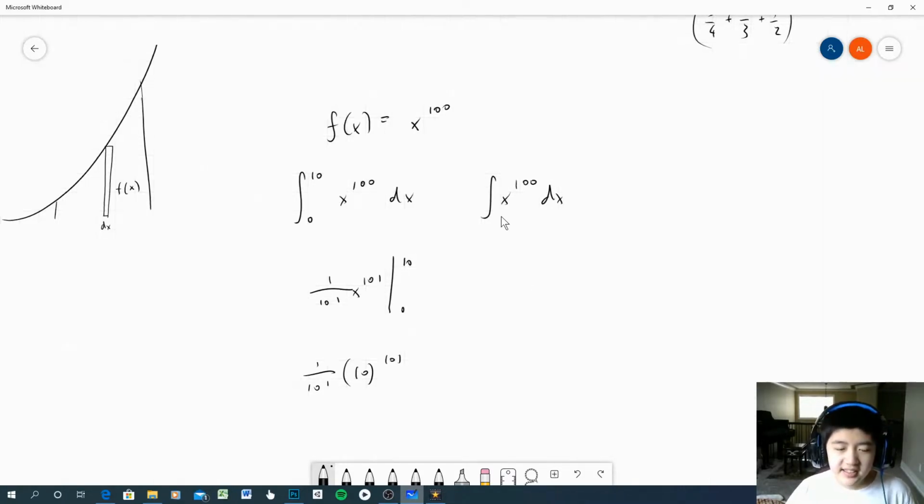Alright, and since we already know that this is just the antiderivative, and we kind of already solved for the antiderivative there, we can just put it like this. But remember, since here it's an indefinite integral, we have to put a c, but since this is definite, we don't have to put a c.